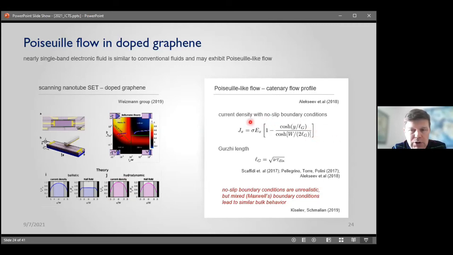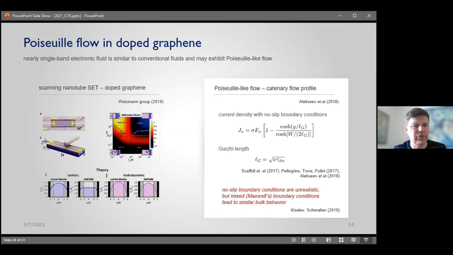However, in order to derive this expression, one has to assume the so-called no-slip boundary conditions, right? That's what I mentioned before. These are the typical hydrodynamic boundary conditions that are assumed in conventional hydrodynamics, where people are saying that the viscous fluid has some sort of friction at the edge of your pipe or channel, such that the fluid constituents located exactly at this edge don't move at all.